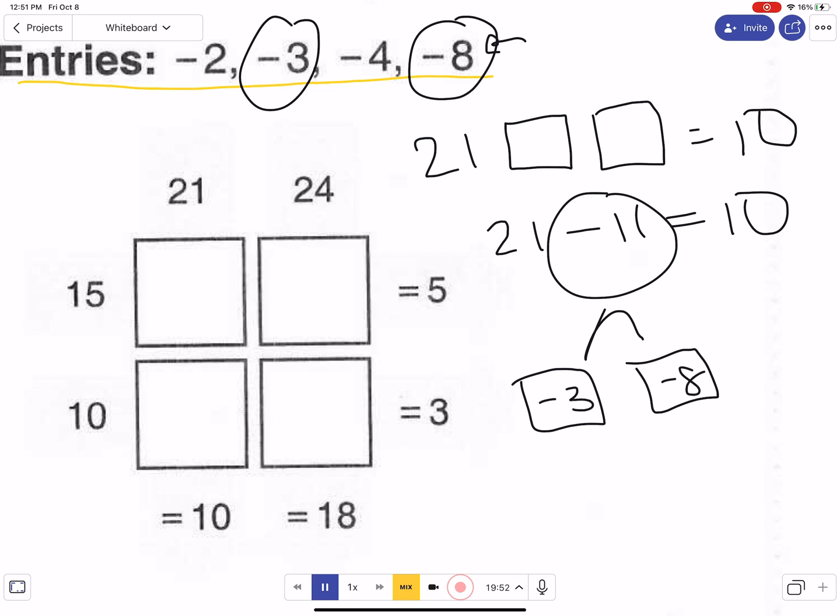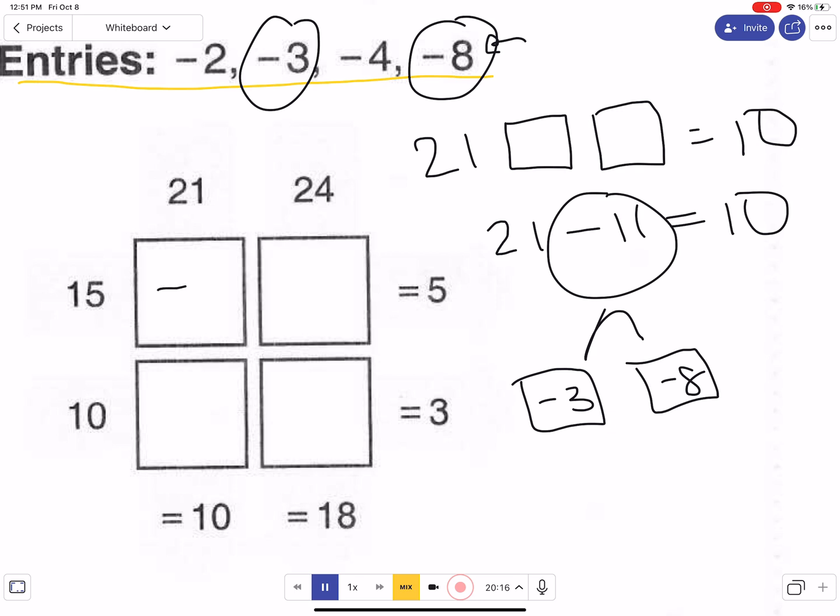So now we need to fit them over here. So here we're not quite sure where to put them, so we're just going to use some logic here. So which one is bigger, 15 or 10? 15's bigger.